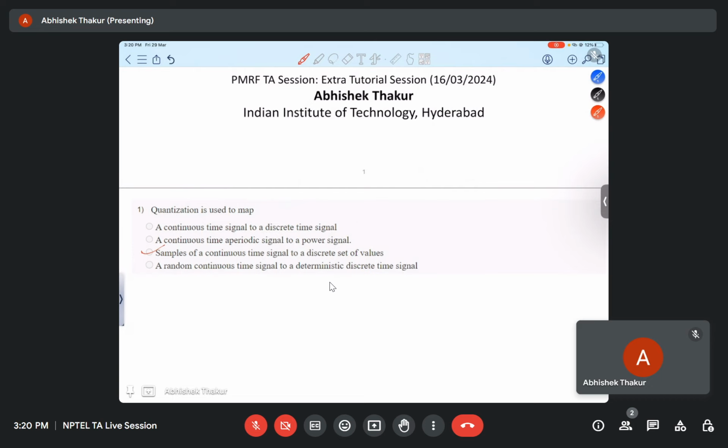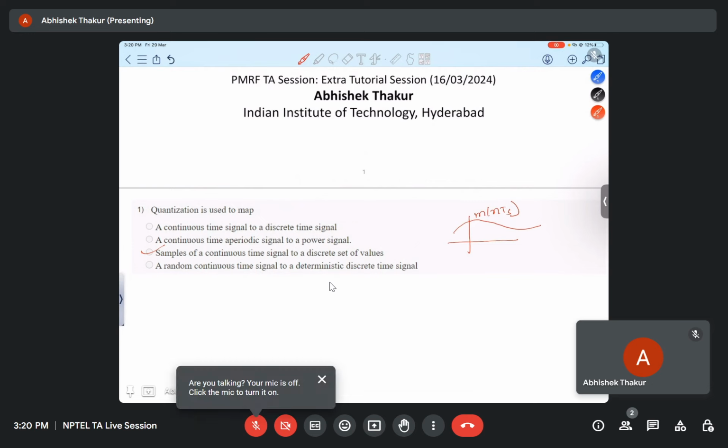Let's suppose this is our message signal. Here the sample can take any values. So mapping these samples to a discrete set of values is termed as quantization.